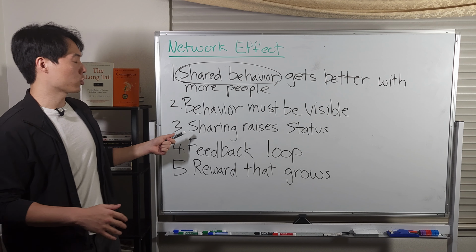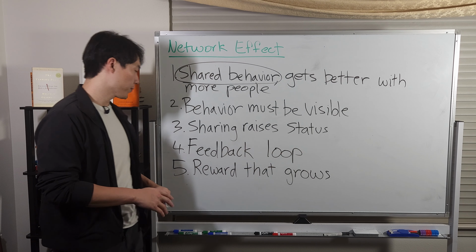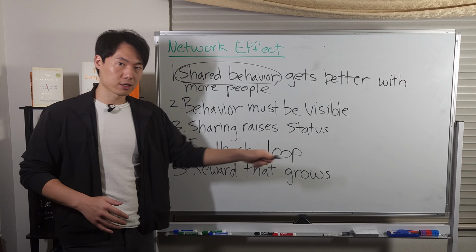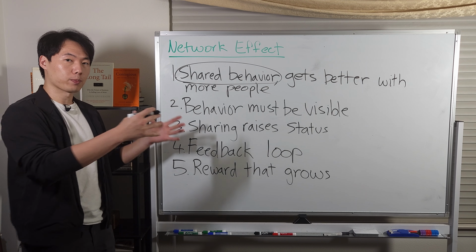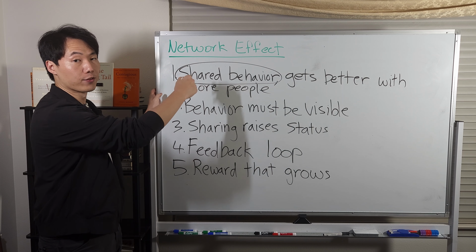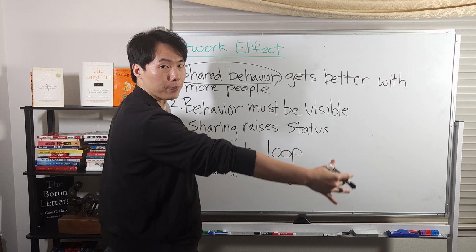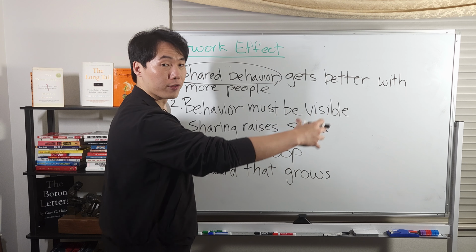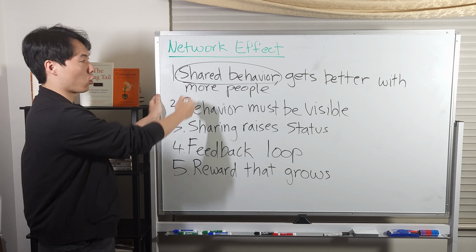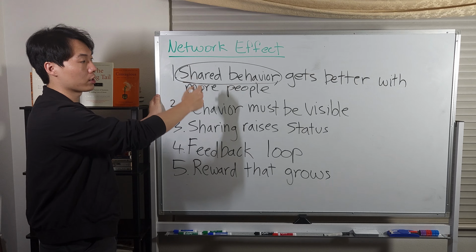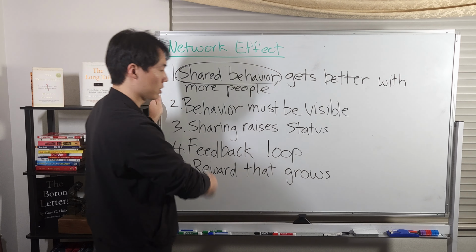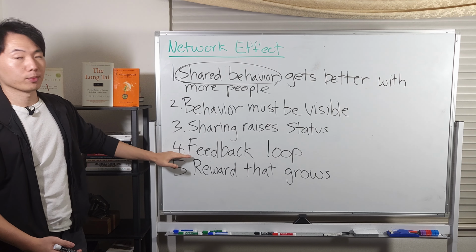In this case, we want to create something where sharing raises status. The feedback loop exists. So the more people engaging in this behavior increases the value of the group or activity, and the increased value attracts more people who do this behavior, which leads to this feedback loop. So this also must exist.